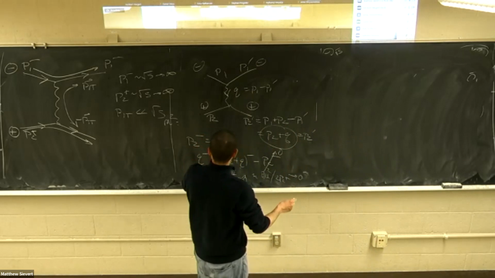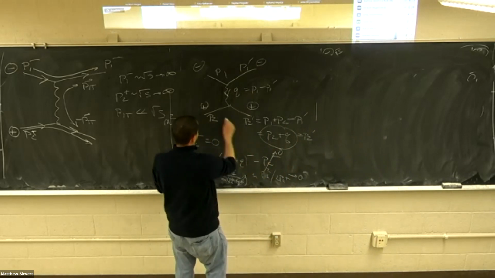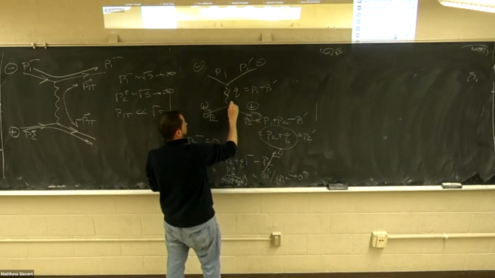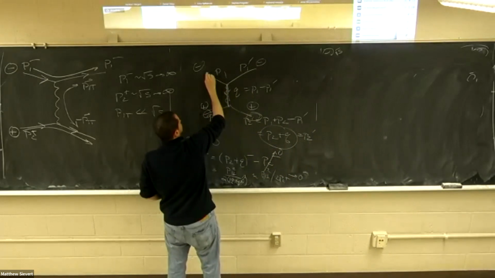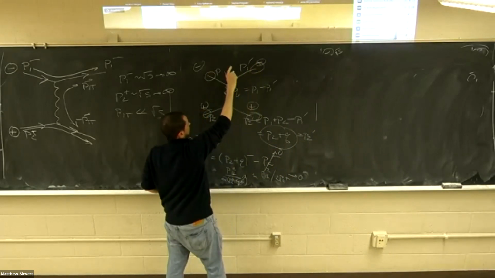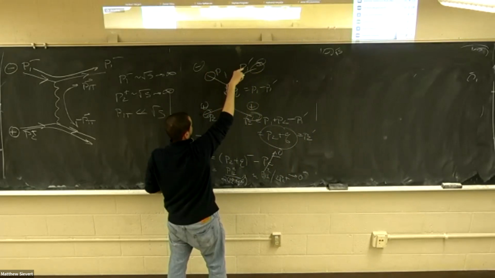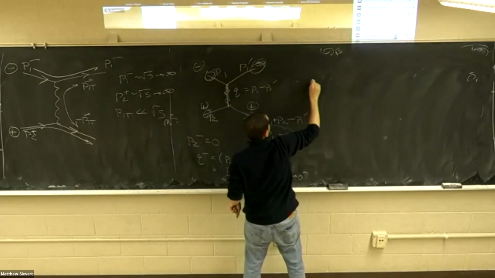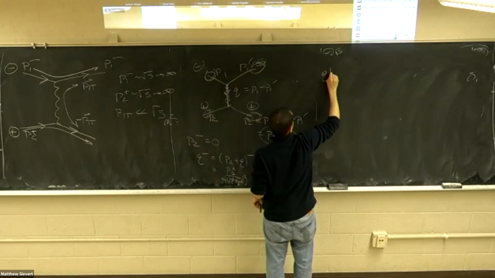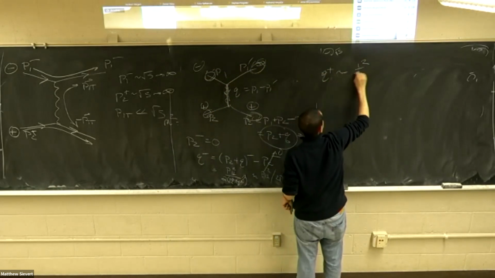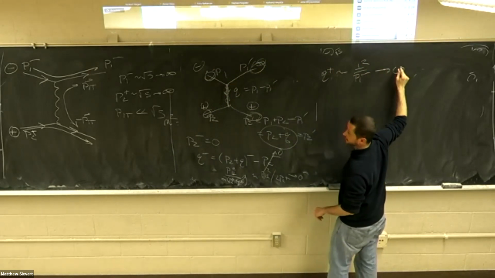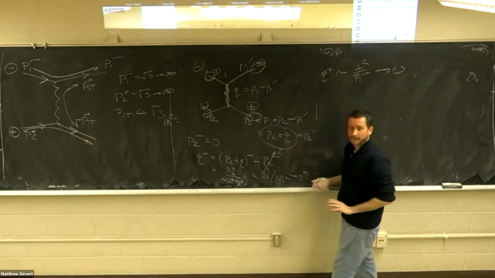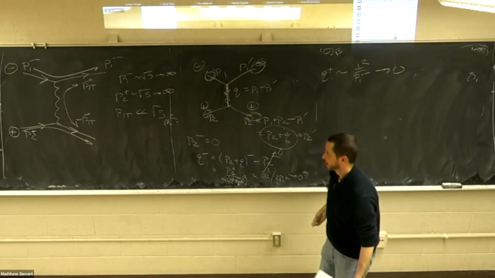Right, I'm fumbling something about the statement here, but this demonstrates from the on-shell conditions down here that your Q minus is 0. Similarly, the on-shell conditions up here demonstrate that the plus component is 0. The combination of on-shell conditions here and here tell you that Q plus is of order some transverse momentum scale over P1 minus that also goes to 0. So that's the argument for sort of where the kinematics comes from.